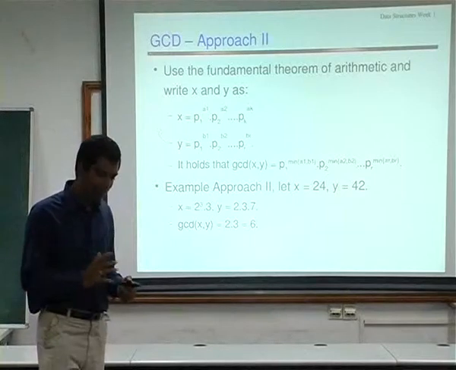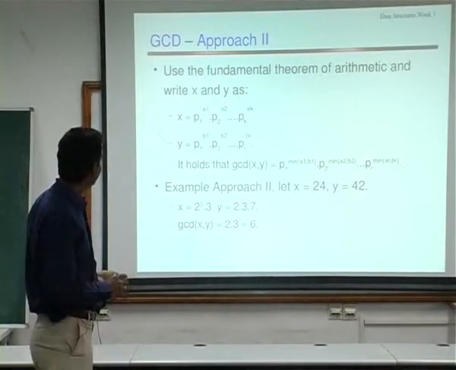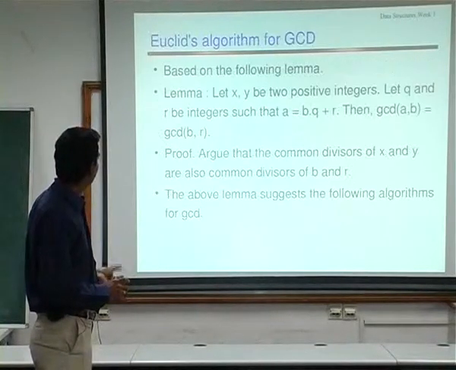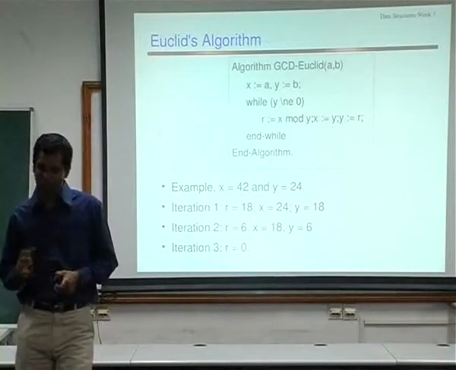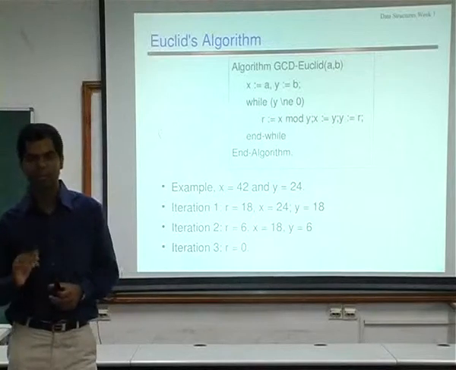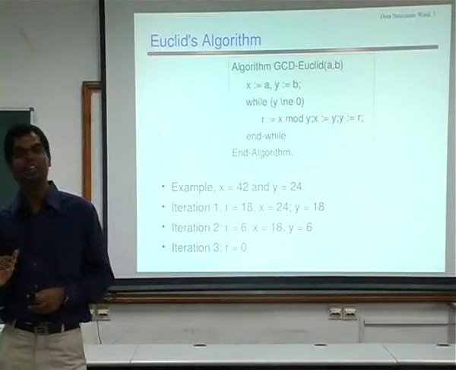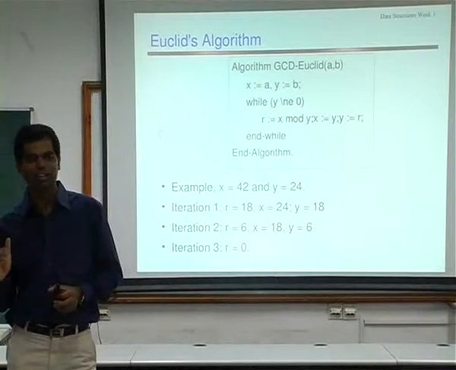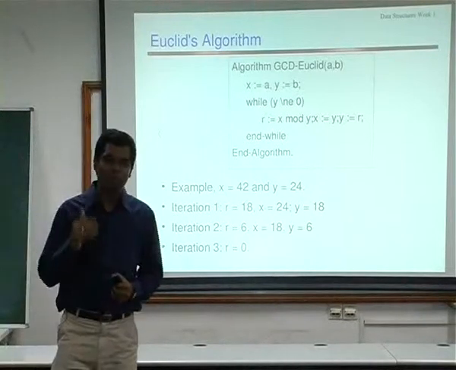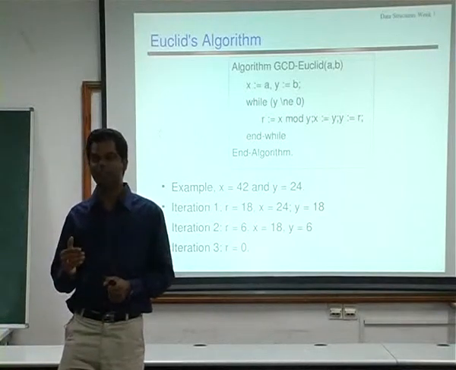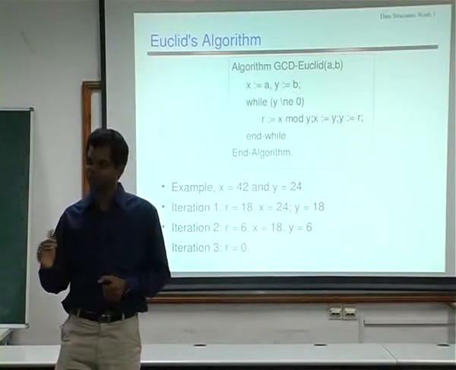But then for most operations, it turns out that there is an algorithm for even decimal numbers or binary numbers that can compute the GCD very efficiently. So we probably stick to these decimal or binary representations only because most operations are very efficient in these two formats.